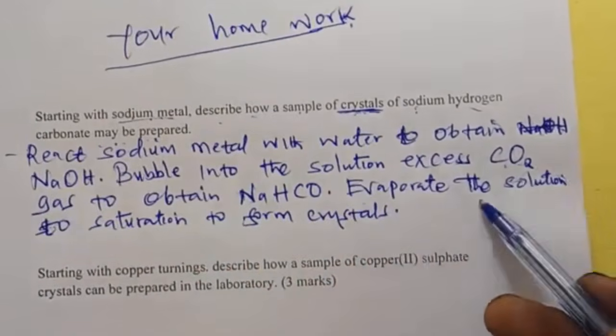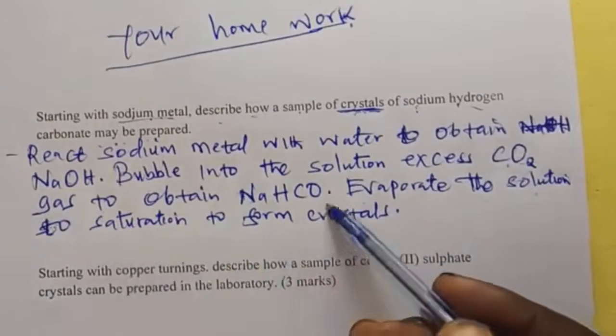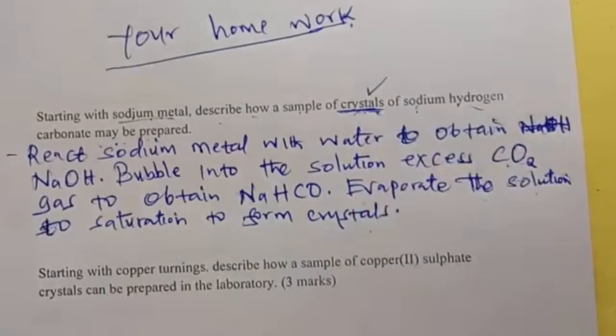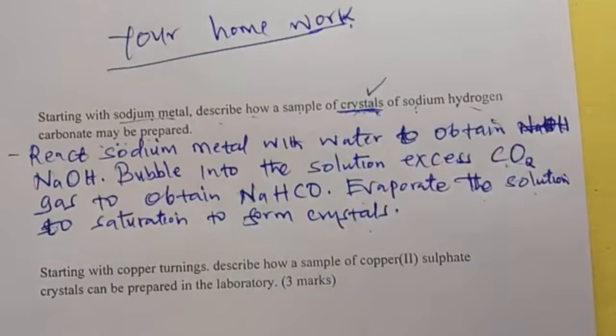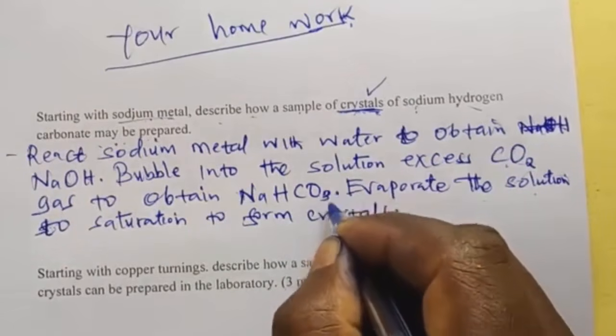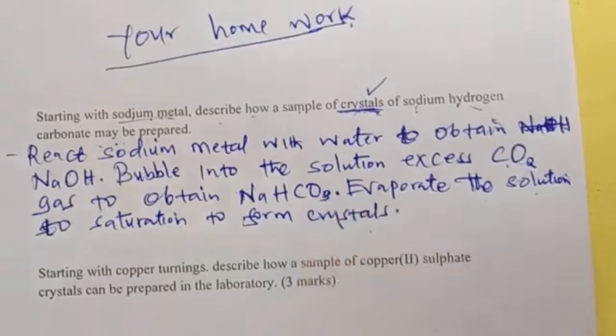So once you have evaporated the solution, crystals are going to be formed, and we have obtained the crystals of sodium hydrogen carbonate. Oh, there is a 3 here, sorry, sodium hydrogen carbonate.